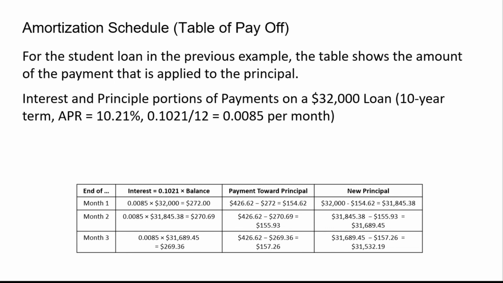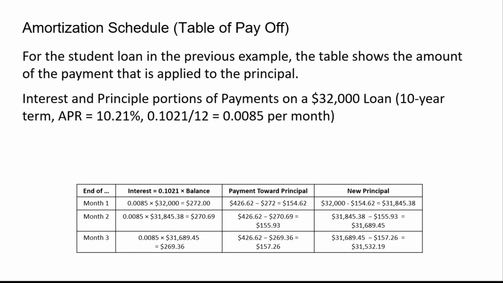Let's compute the first row. That is, let's compute the interest and principal portions of the payments on a $32,000 loan, 10-year loan term, APR of 10.21%. Let's observe that the interest is principal times your interest rate, and for the 0.1021 annual APR per month, it's going to be 0.1021 divided by 12, or 0.0085 per month.